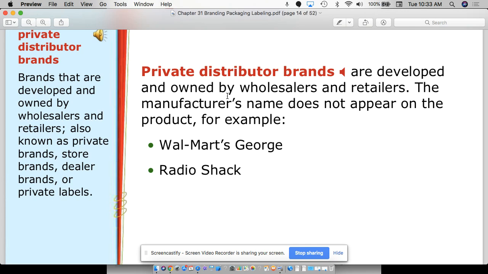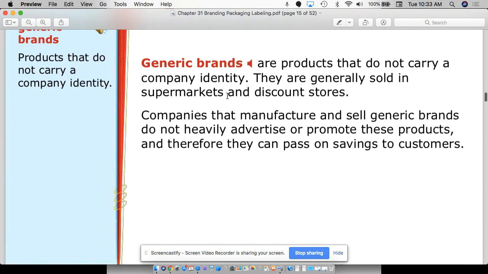I know that Target has one. I can't remember what it is, but it's a lot like Great Value, in that they have their store brand. You can only get it at Target. Generally, it's a little bit cheaper.